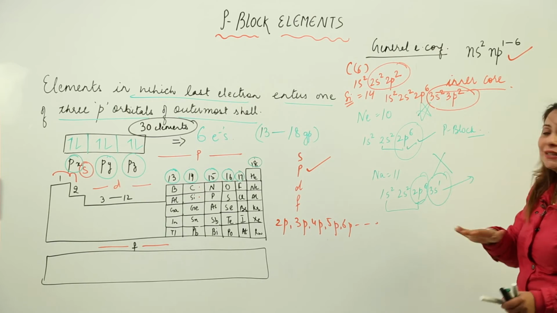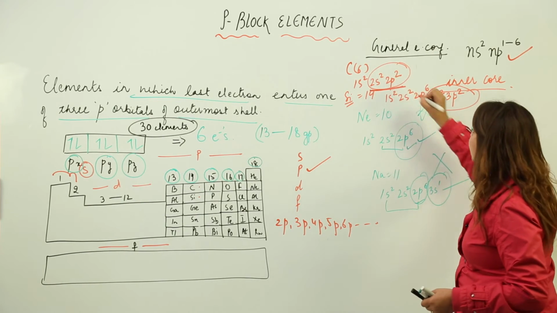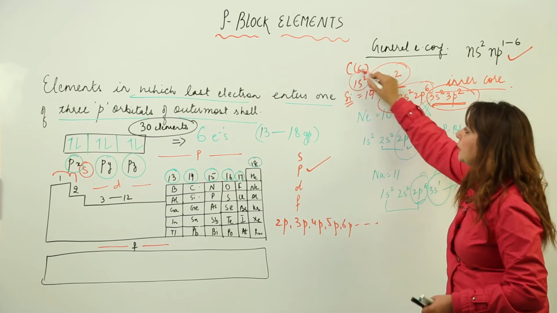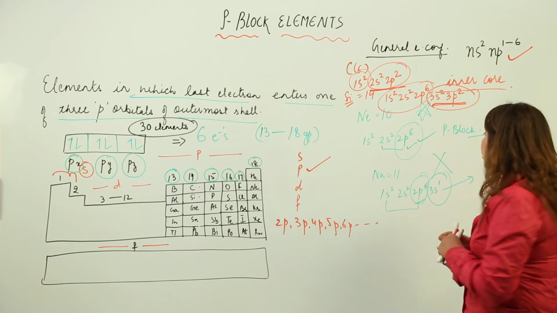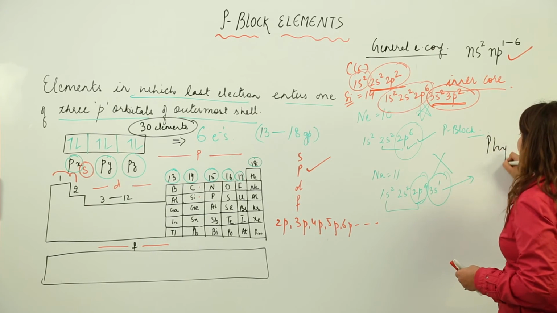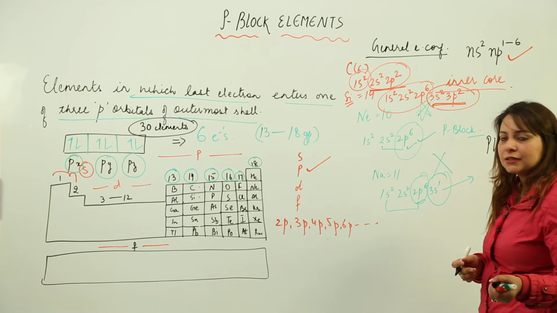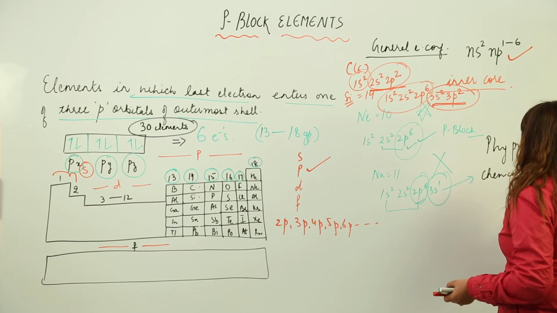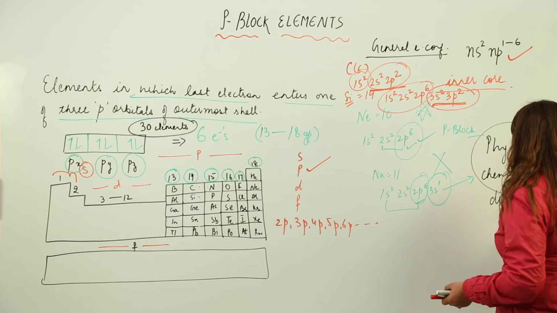So what we are seeing is that in each group the valence, or general, electronic configuration is the same, but the inner core configuration is different, due to which the physical properties, like melting point, boiling point, density and all, as well as the chemical properties, are going to show a certain kind of difference.